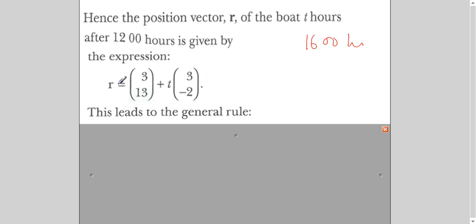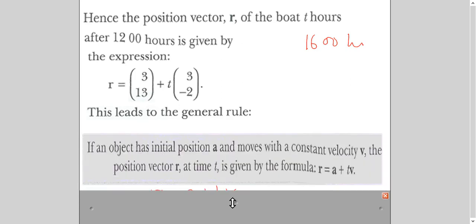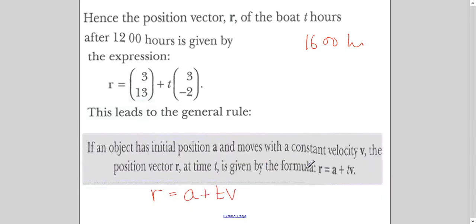Remember this. So this is the general formula. I can say r is equal to a plus tb. a is the position from where we have taken the object into consideration, the old position. And then the velocity with which it is traveling multiplied by time. You understand this because it gives you how much distance is covered in that time. And then you add up.